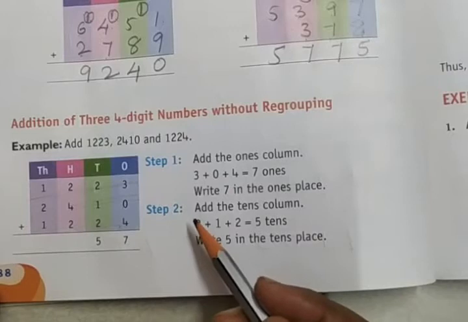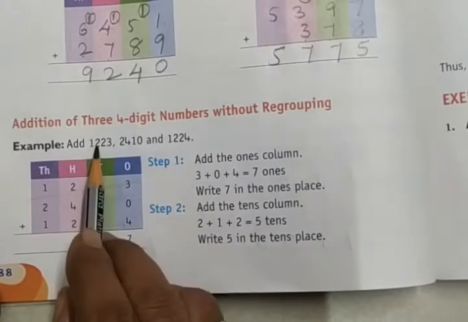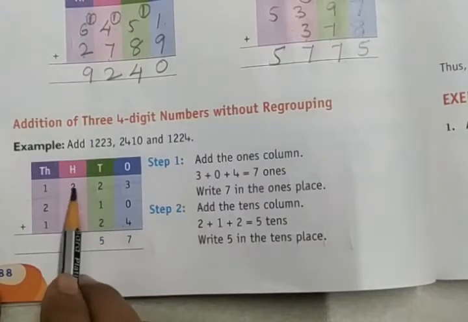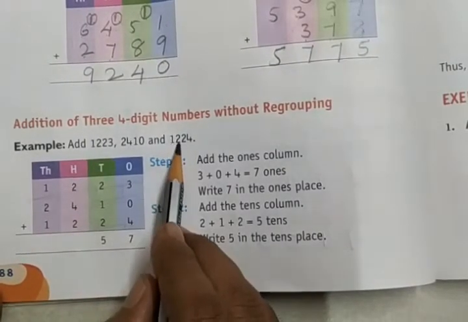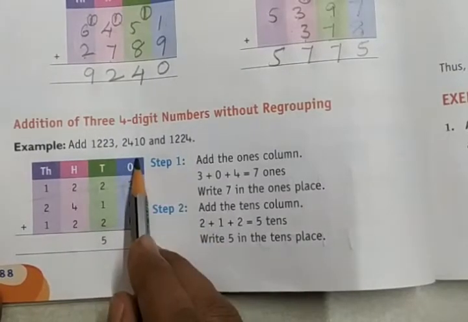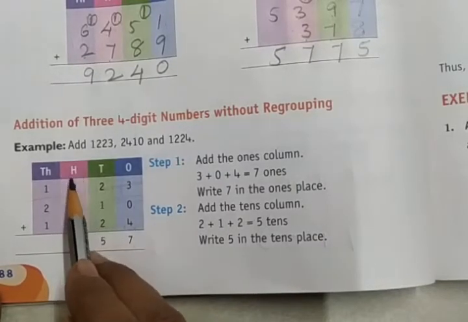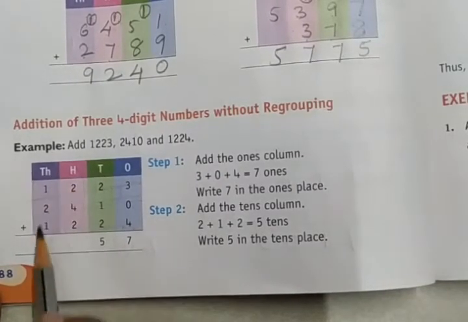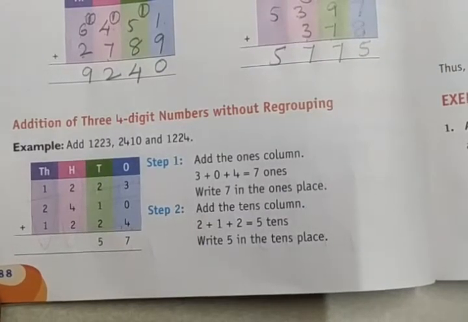So same steps, arranging all the numbers in systematic order. That's 1223, 2410 and 1224, same as this. First you add the ones value, second the tens value, third the hundreds value, fourth the thousands value. That's it. This is without regrouping.